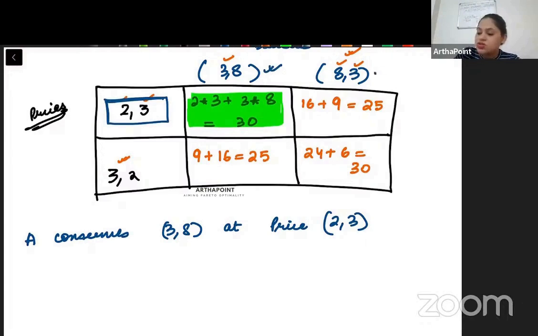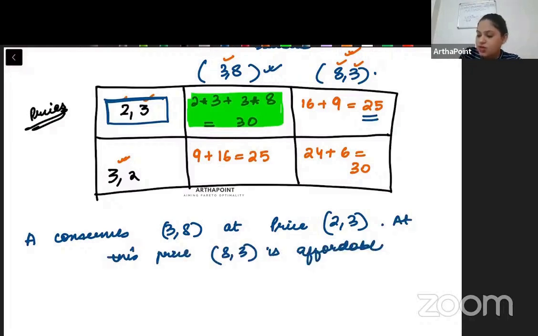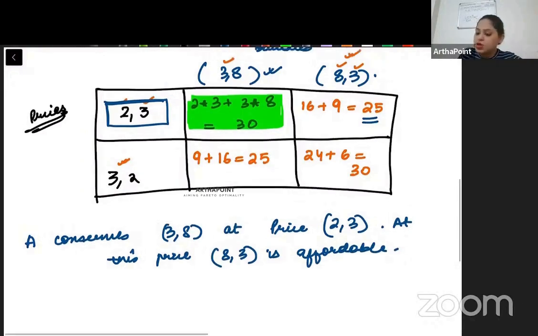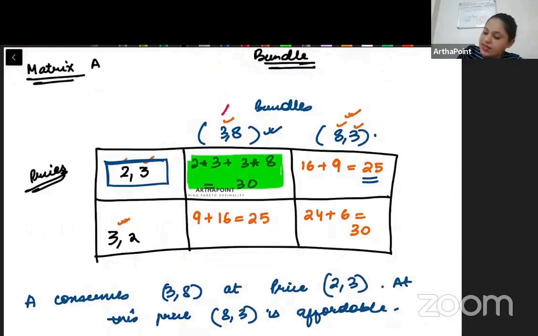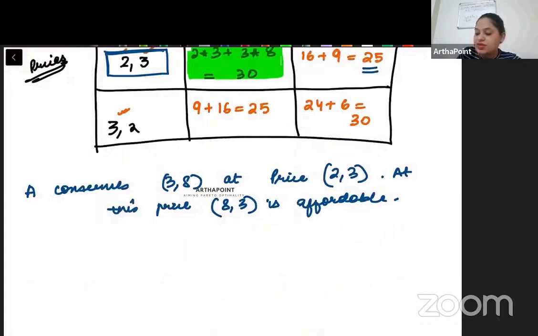The other bundle just costs him 25. So at this price, 8, 3 is affordable. He could have bought 8, 3, but he preferred buying 3, 8. So when one was purchased, the second was affordable, which means he showed his preference towards the first bundle. If I name this bundle as X and this bundle as Y, we can say that he purchased this bundle when the other was affordable. So he showed that he prefers X over Y.